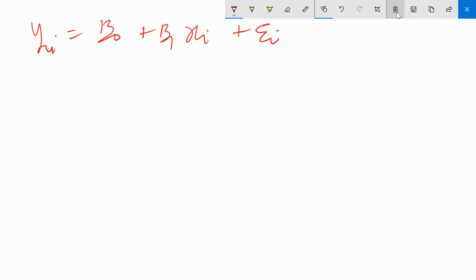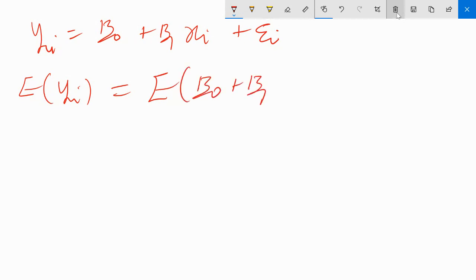So now we want to find the mean of yi, which is equal to the expected value of the constant plus the error term. So yesterday we discussed that the expected value of ax plus b is nothing but the constant a multiplied by the expected value of x plus the constant b.